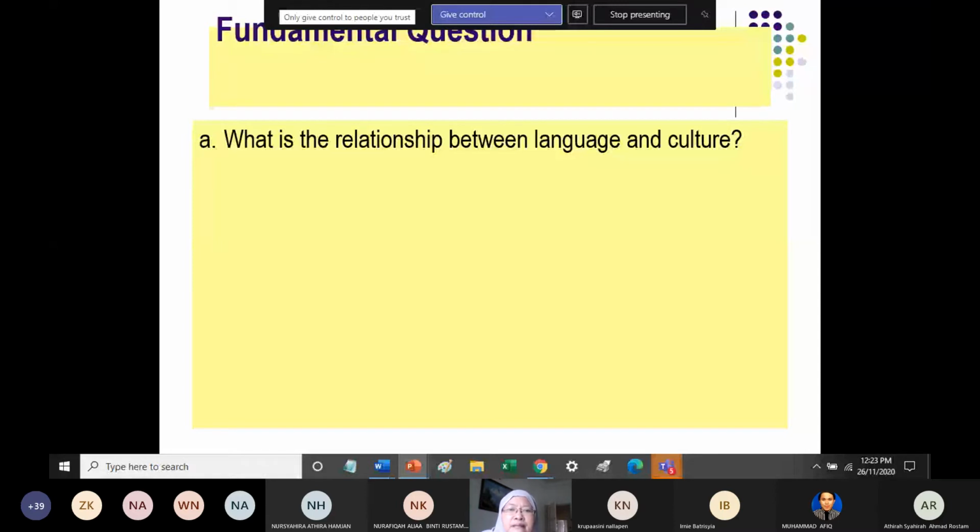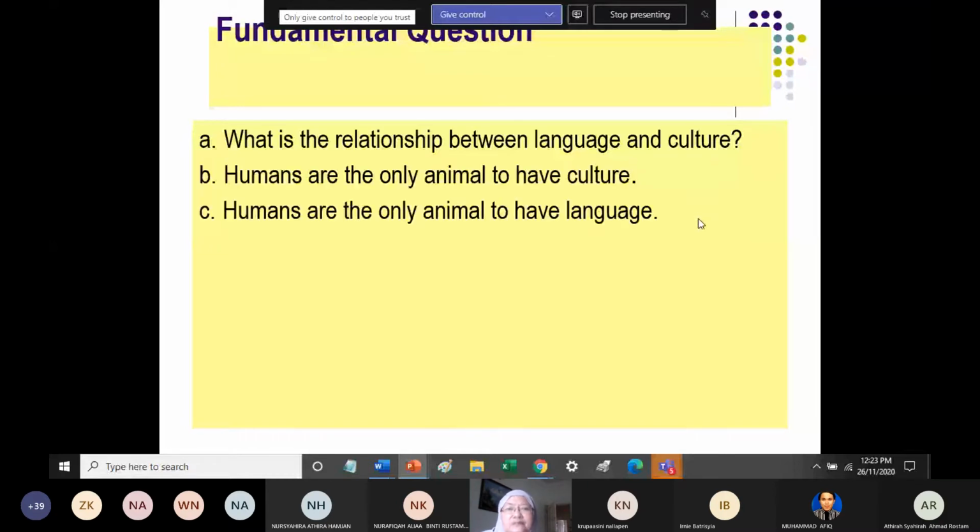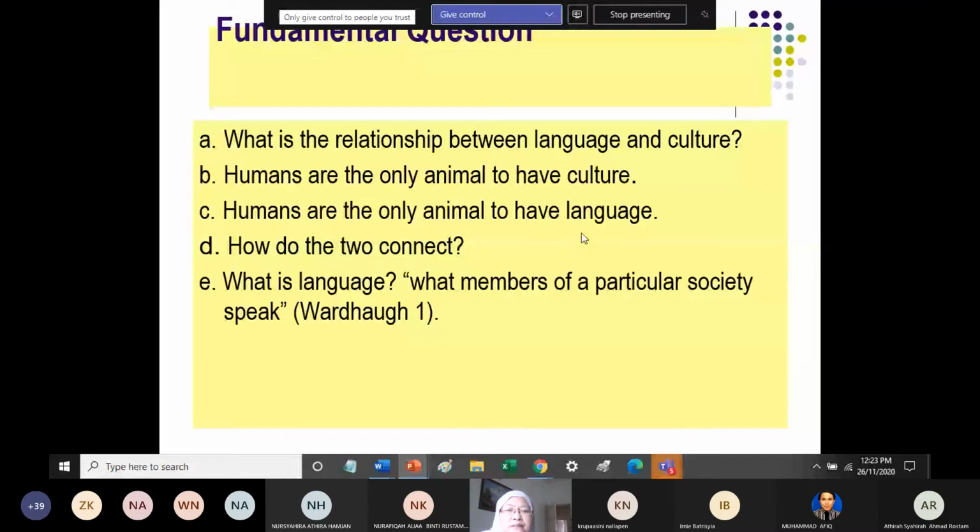And we humans are the only animals to have culture. And humans are the only animal to have language. So then, of course, the connection between language and culture. How do the two connect? What is language? It is the system of language that we use, or the medium in which some communication takes place, or the medium which a particular society speaks.